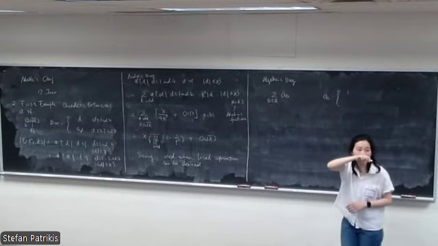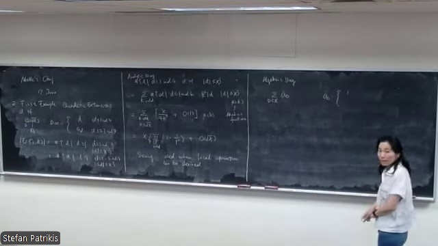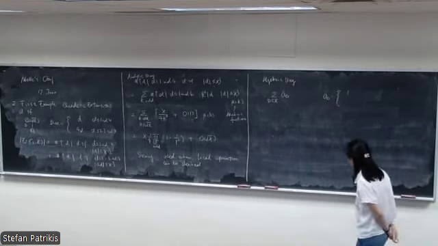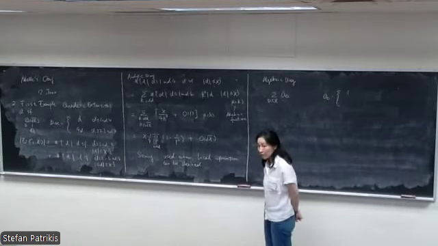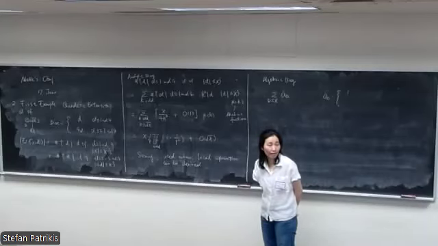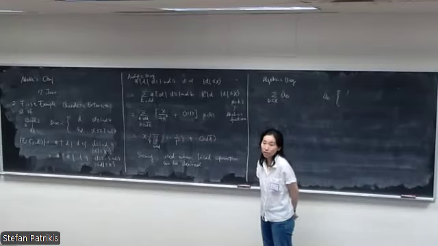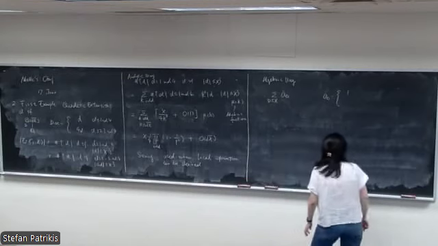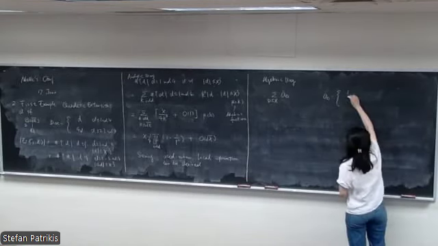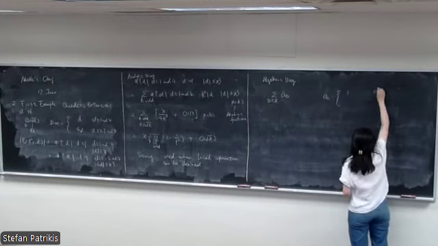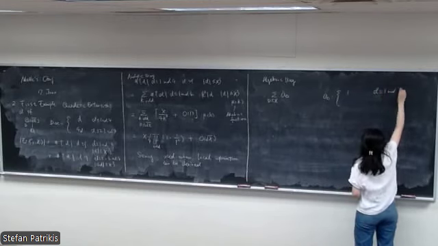pretty explicitly, because for every fundamental discriminant you only have one quadratic field, so that is very convenient. And you can write it down that this is 1 if D is 1 mod 4.